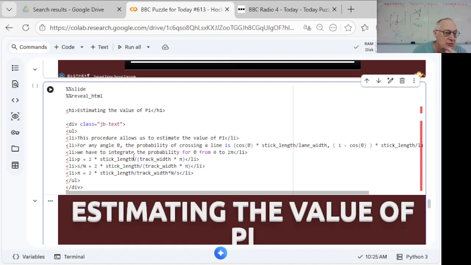So now there's sort of a double integral that we have to solve.